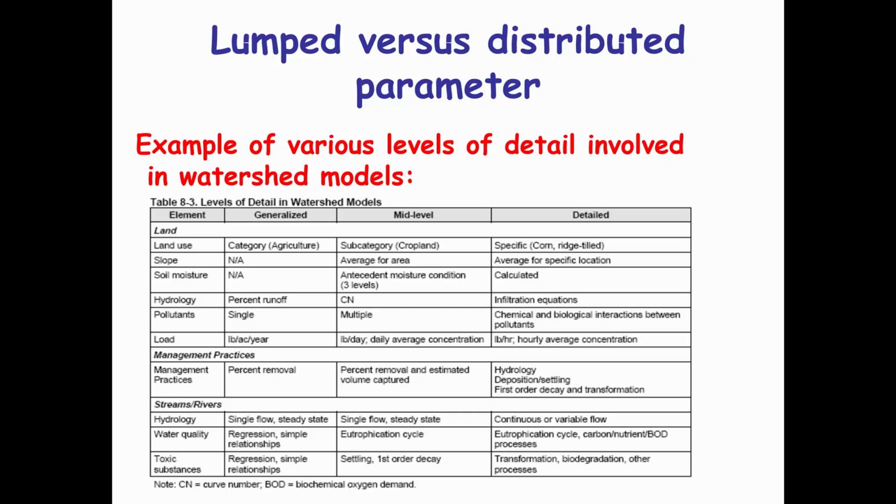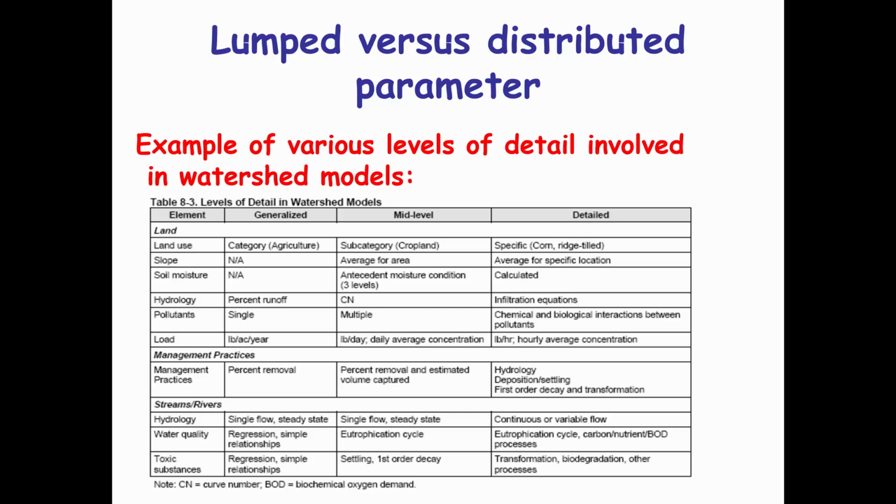So, for instance, land use in a generalized model might differentiate between agriculture, urban areas, suburban areas, forested areas, and so forth.